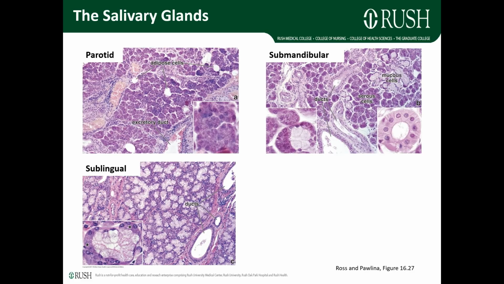The darker parts appear to partially cover the lighter part. This feature is sometimes referred to as demilune, as highlighted by this marker here and here. Also note the inset in the submandibular panel of a striated duct here on the right, showing radial lines in the cuboidal cells.